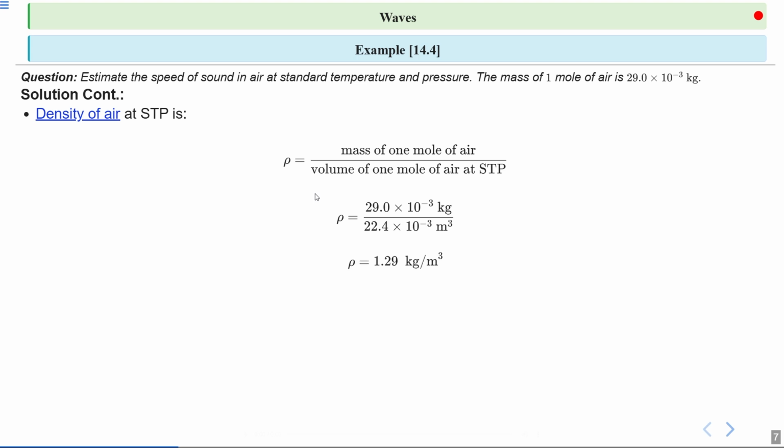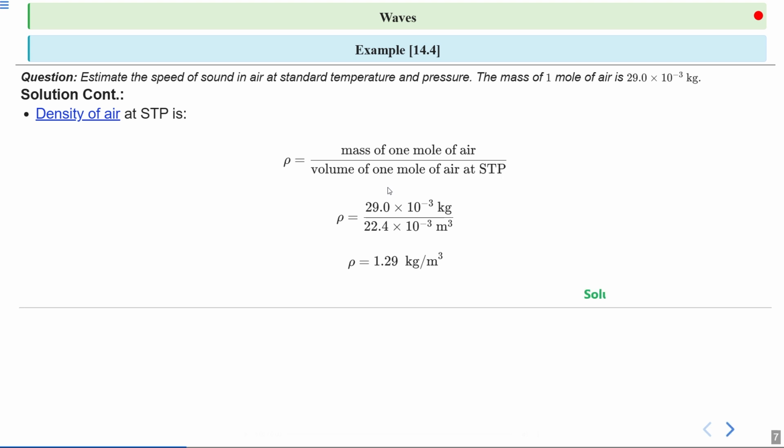After calculating, we find that the density of air at STP is 1.29 kg per cubic meter. This value is typical for air under standard conditions. We will use this density to estimate the speed of sound.